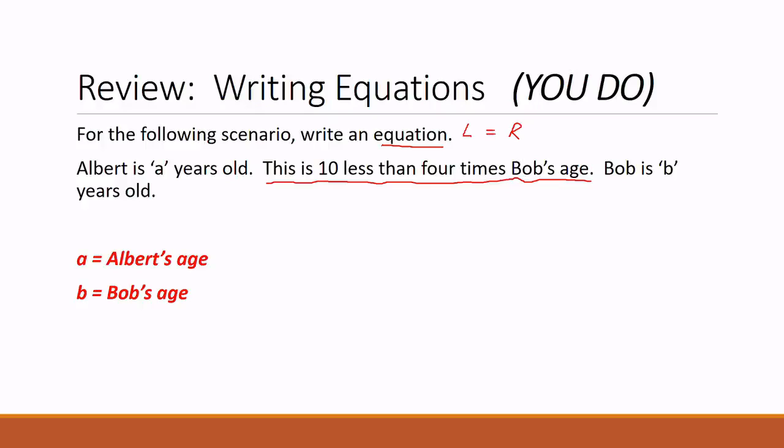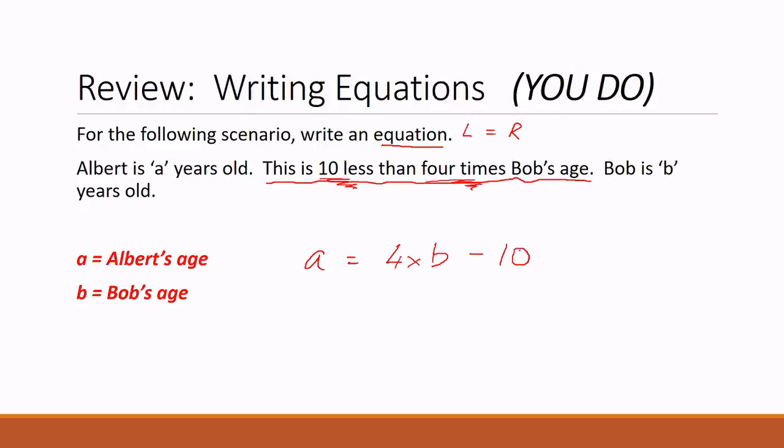Okay, how'd we go? Now it says Albert's age is A years old, so I'm going to start with A for Albert. And that's the first part of my equation. And that's going to equal something to do with Bob's age. Now it says in here, if I jump to the second part of the sentence, it says 4 times Bob's age. And Albert's age is 10 less than that.